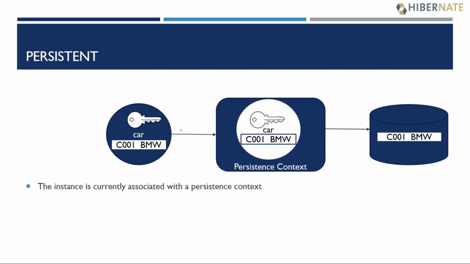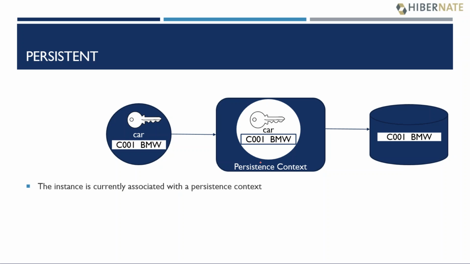Now, in the persistent state, the object is managed. That is, this object will be there in the persistence context. From here, the object is moved to the persistence context, and this object will have a row in the database. So this is persistent. So the instance is currently associated with the persistence context, and it is managed.